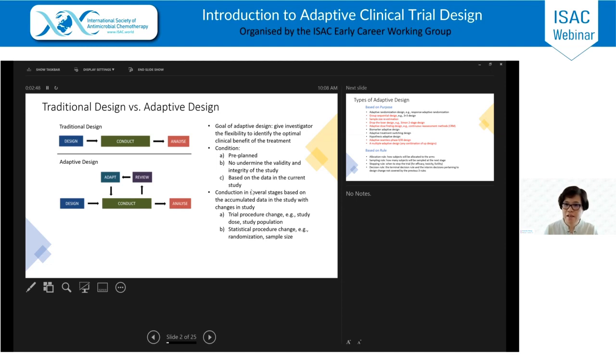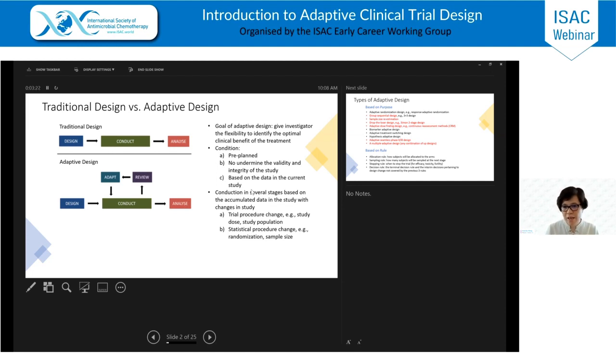Because you look at the data during the conduction, you cannot undermine the validity and the integrity of the study. Validity means you have assured the original research goal is not changed, and you have to provide the correct estimation method to produce the correct confidence interval, estimate of the treatment effect, and provide the proper p-values.